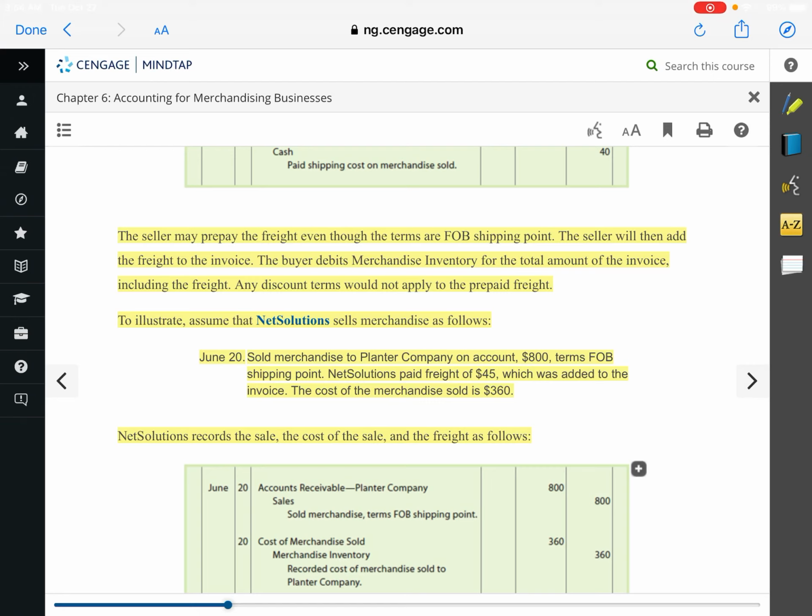All right, so this is an example of terms FOB shipping point, but the seller pays for freight. So let's look at it. It says on June 20th, we sold merchandise to Planner Company, on account for $800. Terms are FOB shipping point. So who assumes ownership while this is being transported? The buyer or the seller?